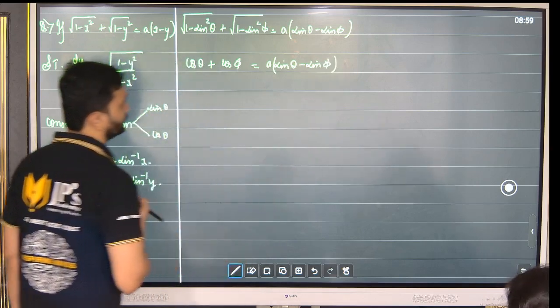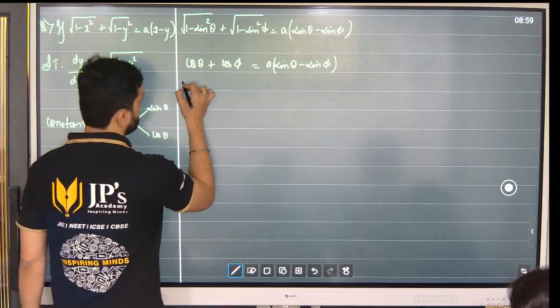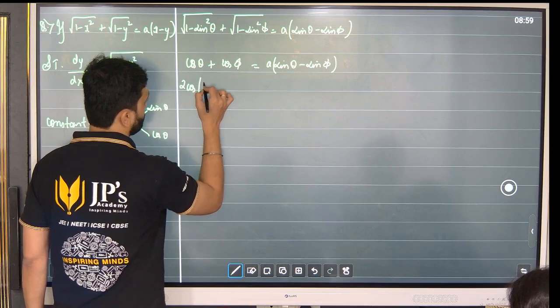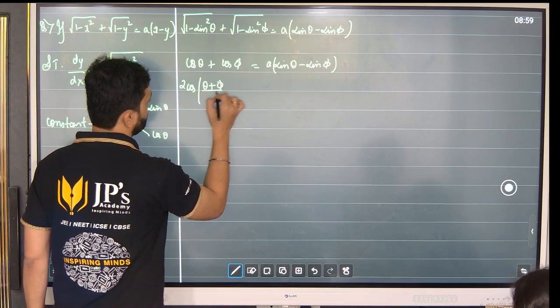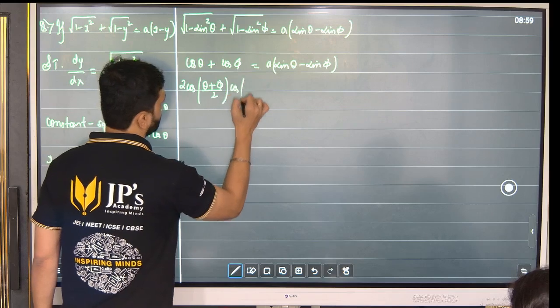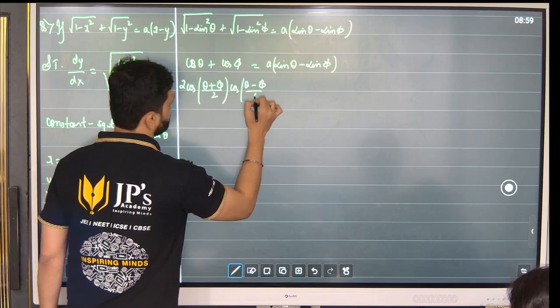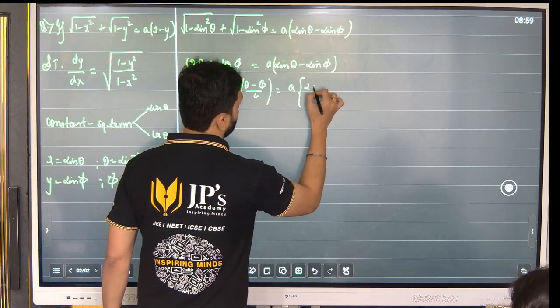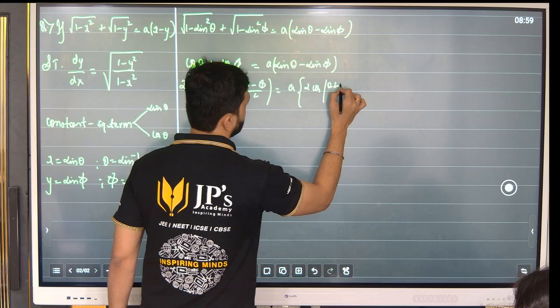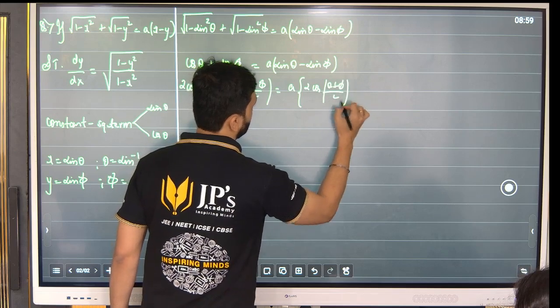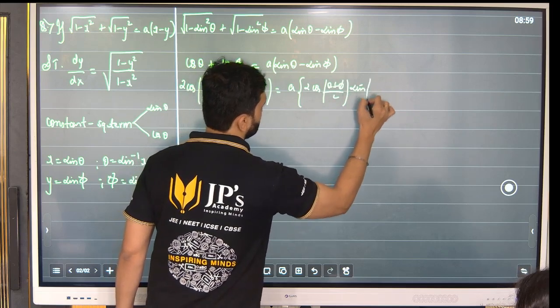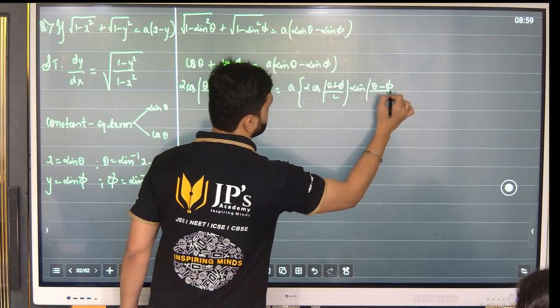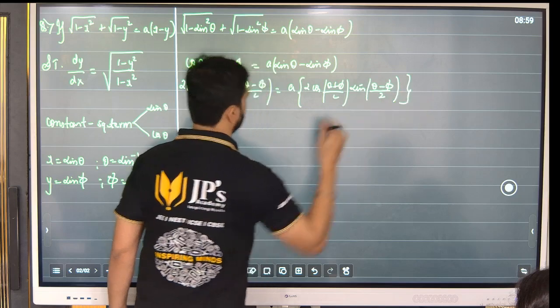Cos c plus cos d is 2 cos c plus d by 2 cos c minus d by 2, is equal to a into 2 cos c plus d by 2 sine c minus d by 2.